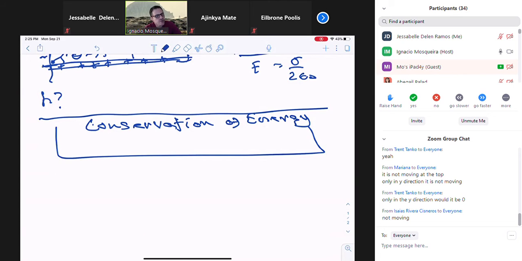Okay, so what is the condition at the top then? Supposing that what you're saying is correct, you will write Vx equals what? Vy equals what? According to you. So according to Isaiah, Vy would be 0. How about Vx? Well, if you put Vx equals V final, you still don't know V final or Vx.